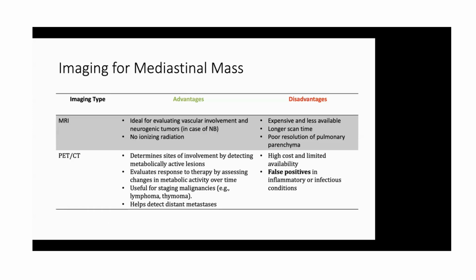And we are using PET-CT to evaluate the response to therapy. This is especially important for lymphomas and neuroblastomas. Just to remember, this is important for the staging of malignancies and for detecting and understanding whether there are any distant metastases or not.